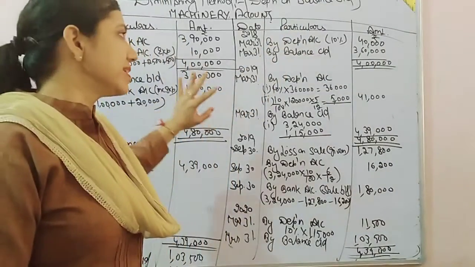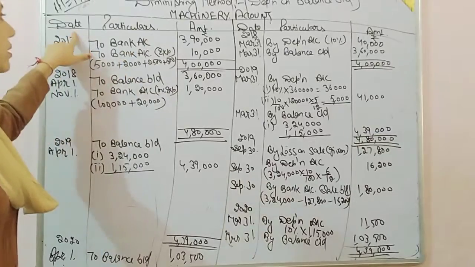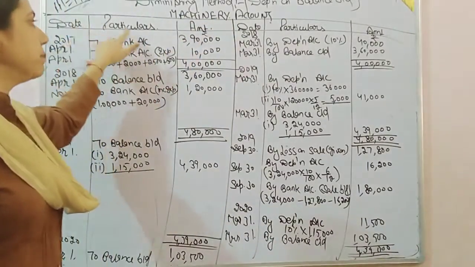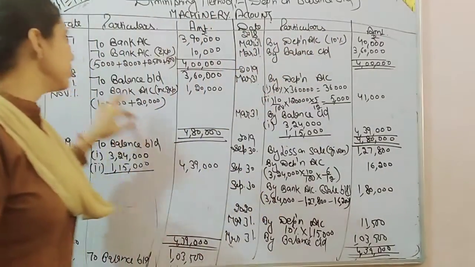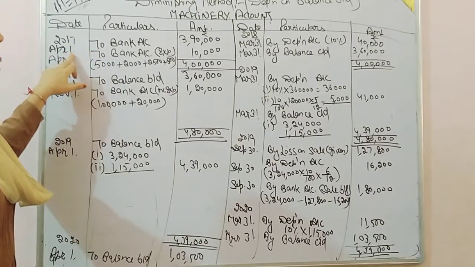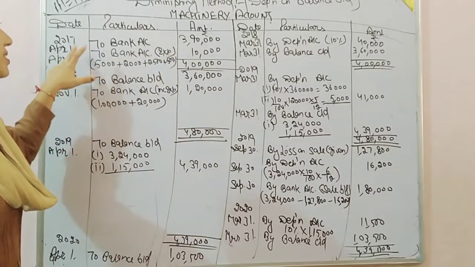So we will discuss a question. It's illustration number 11. Prepare a format: machinery account, date, particulars, amount, date, particulars, amount. Start the question. In 2017, a company purchased an asset of 3,90,000 on 1st April.